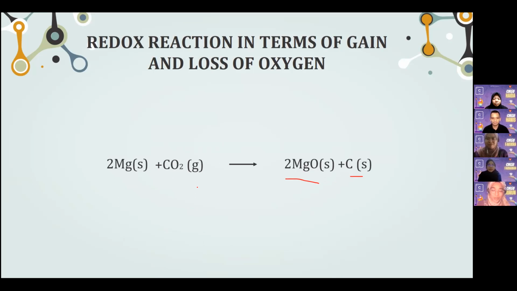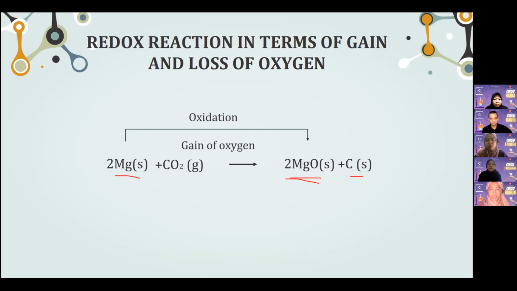Magnesium. Okay, yes, correct. As you can see, magnesium changed to magnesium oxide. So magnesium gains oxygen, therefore magnesium undergoes oxidation. If magnesium undergoes oxidation, automatically carbon dioxide will undergo reduction, and as we can see, there is a loss of oxygen here.